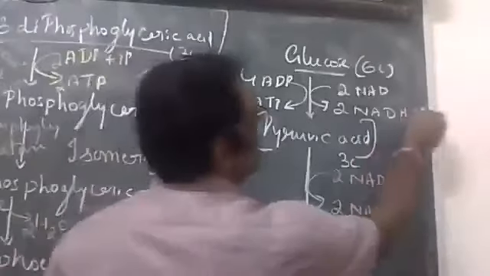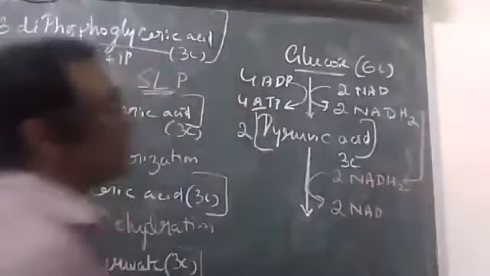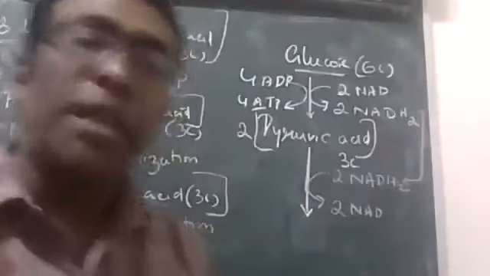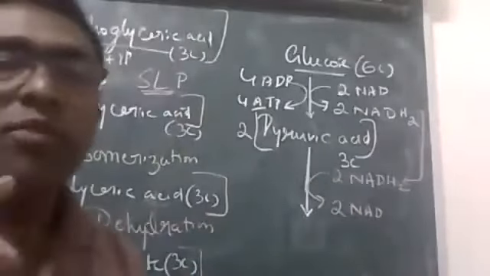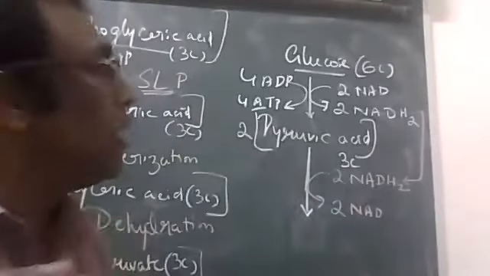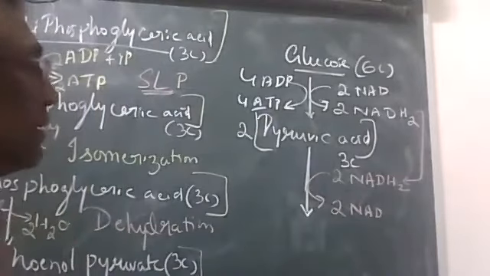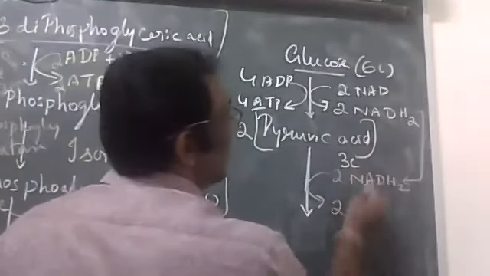This means this NADH2 is used. NADH2 will not give ATP. Lactobacillus depends only on substrate level phosphorylation for ATP. NADH2 is used in the reaction.